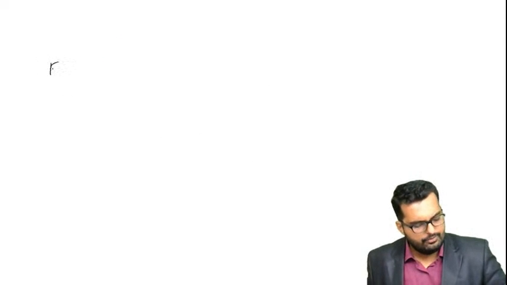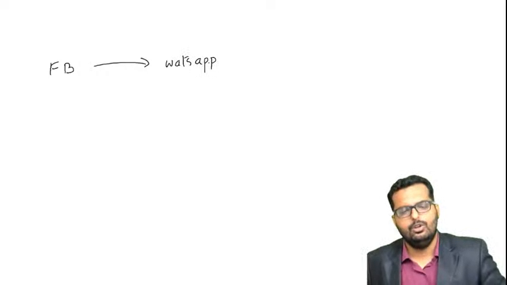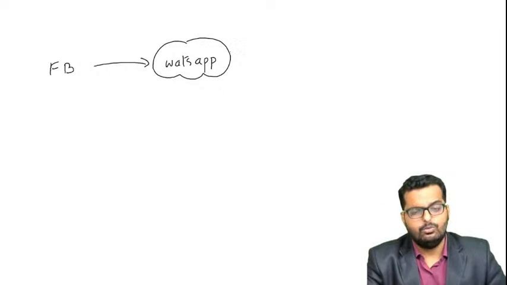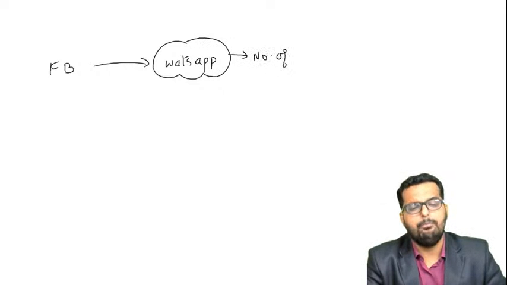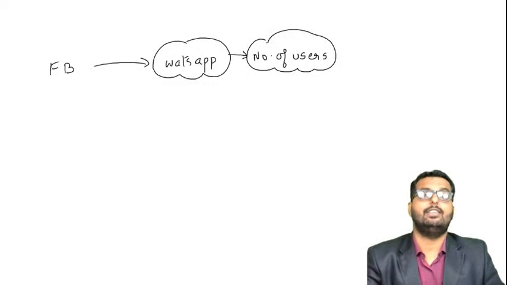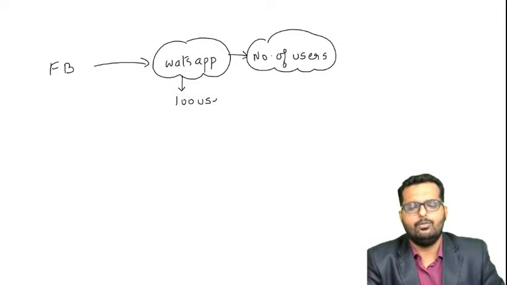For example, Facebook purchased WhatsApp. Do you know how Facebook valued WhatsApp? It valued WhatsApp based on the number of users who are there on WhatsApp. There were, let's say for example, 1 billion users.